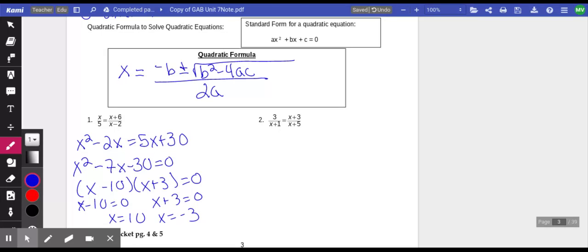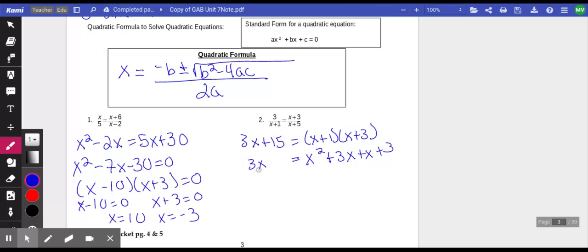Number 2, I'm going to cross multiply, so I get 3x plus 15 equals x plus 1 times x plus 3. There I need to double distribute, so that's x squared plus 3x plus x plus 3 equals 3x plus 15. It's quadratic, so it needs to equal 0. So x squared plus x minus 12.